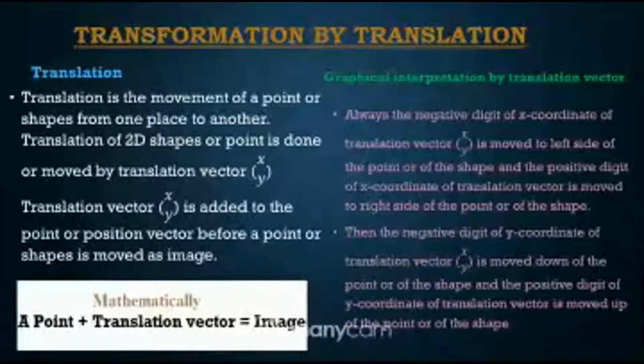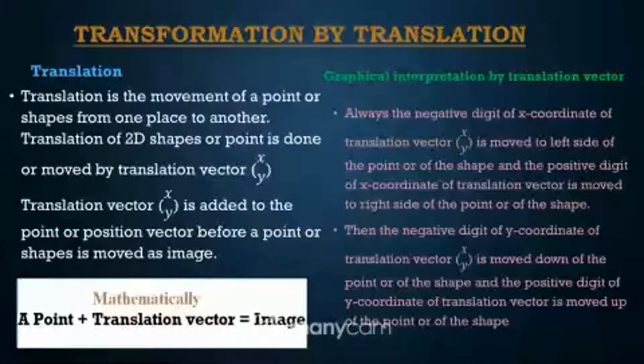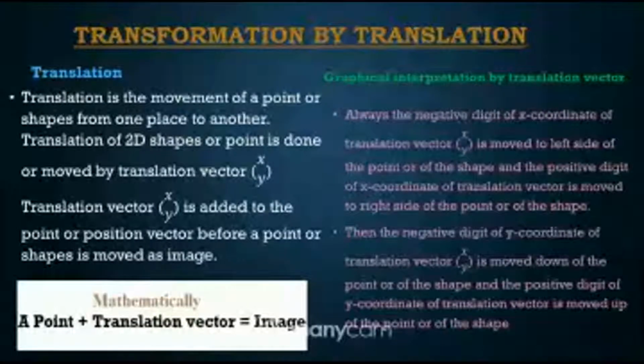Translation of 2D shapes. When you talk about a 2D shape, it is a shape with length and breadth, or length and width. That is a two-dimensional shape.